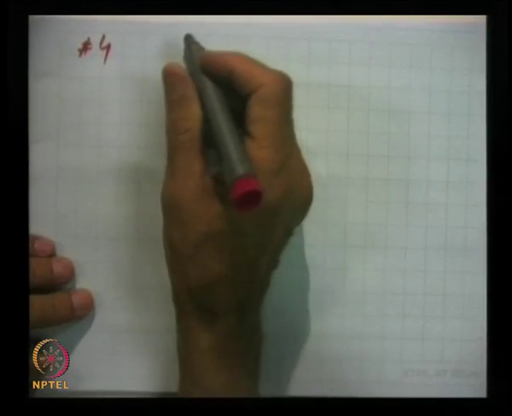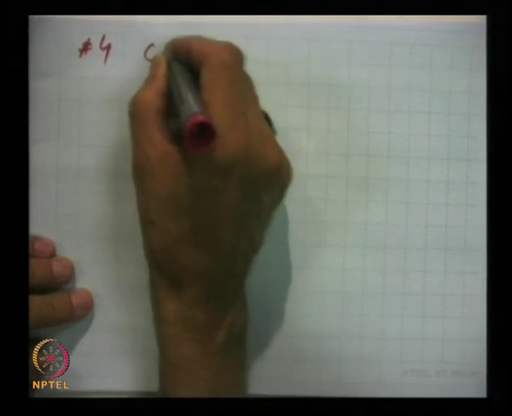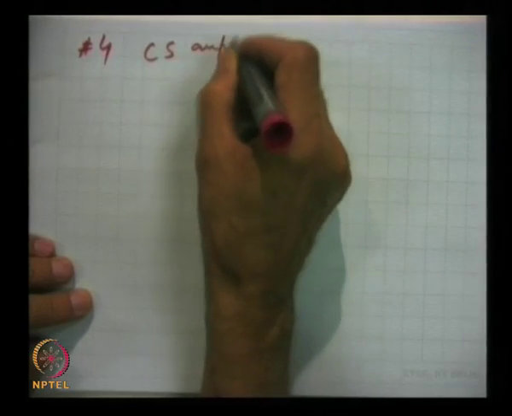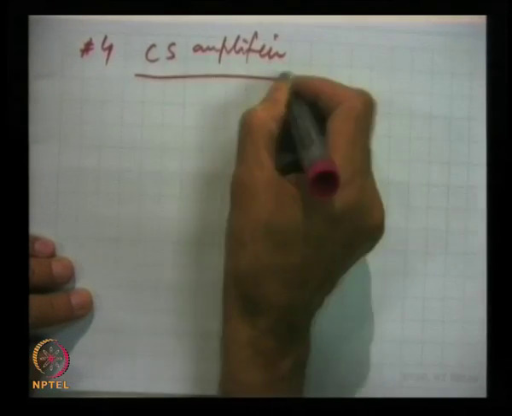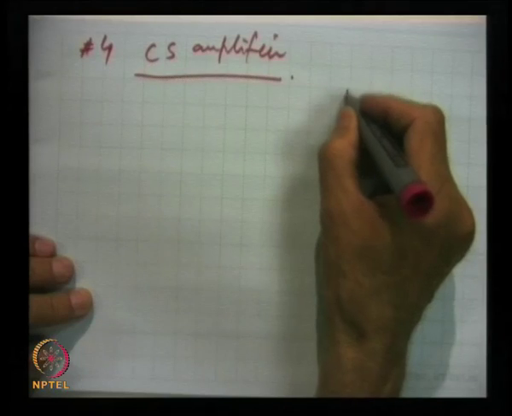Last example, another, this is on the amplifier, common source amplifier. Last and fourth problem, this is a common source CS amplifier. The circuit is this.